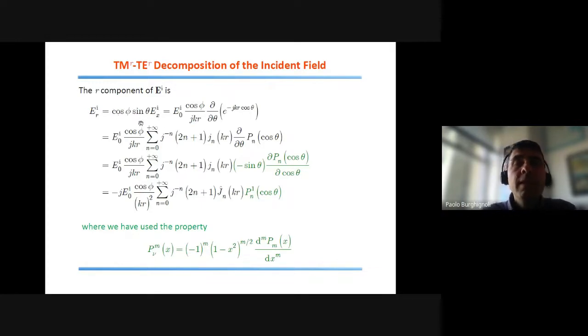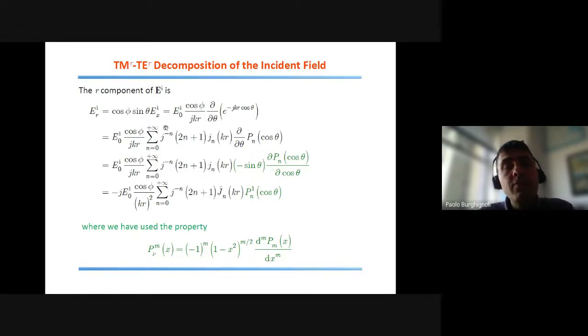Now, it's easy to see that if you multiply the exponential function I described before times the sine function, what you get is the angular derivative with respect to theta of the exponential function itself. And now, the latter exponential function can be expressed in terms of spherical waves, as we showed in our last lesson.